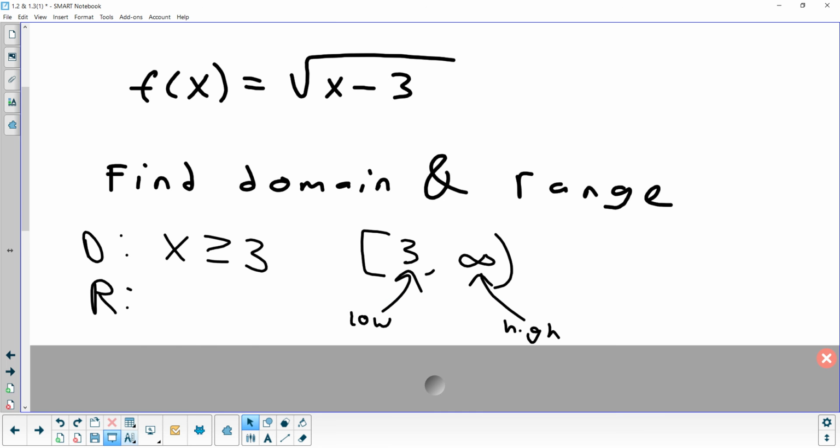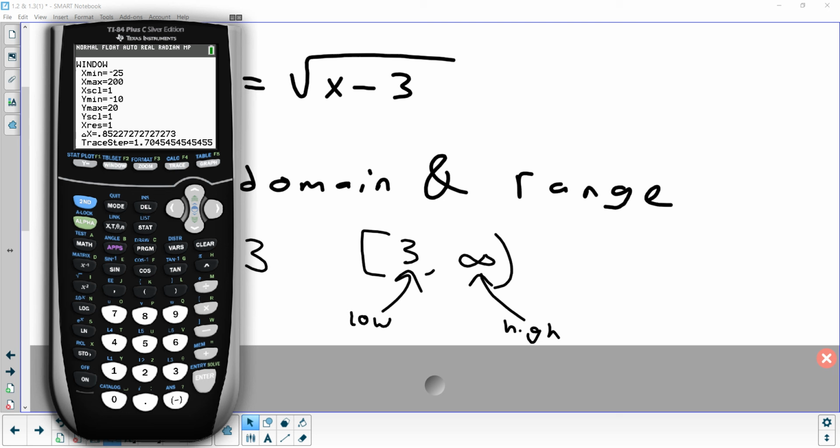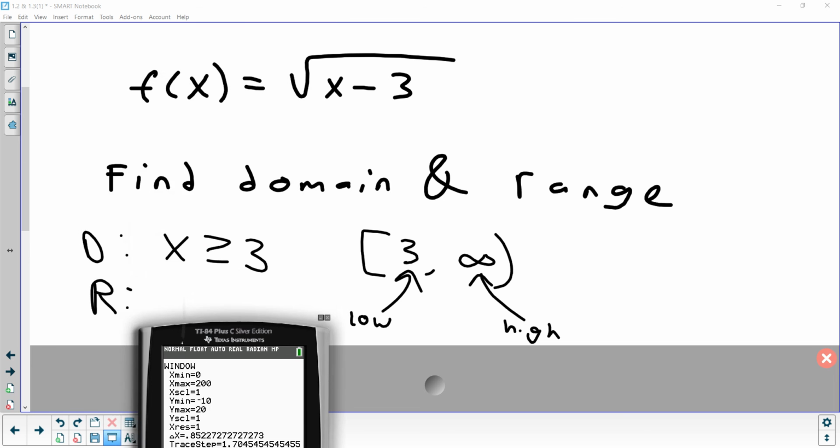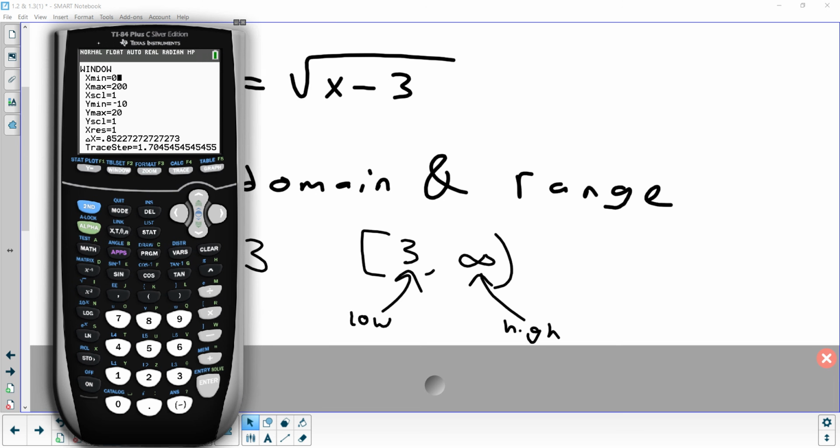So let's type that in on our calculator. I know 3 is the smallest value, but like I said before, I don't want it right on the edge of the screen, so I'm going to do 0. What's the highest number we can take the square root of? There is no limit. Let's just go up to 100. If you let x be 100, that would be 100 minus 3 is 97.